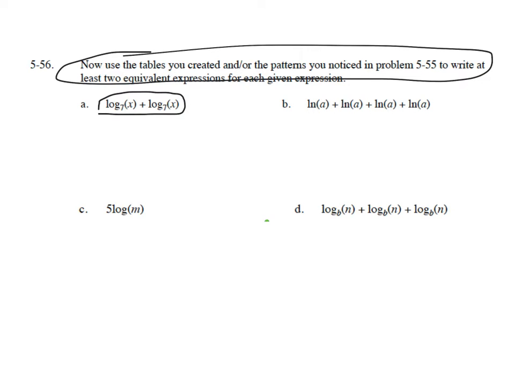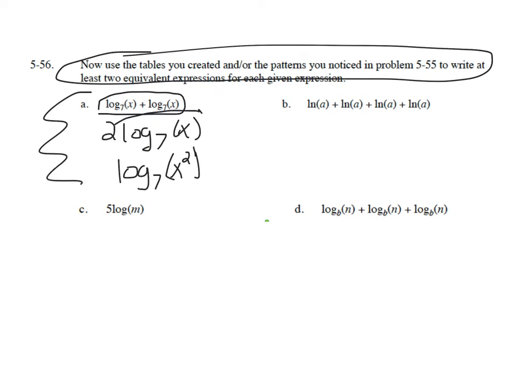If I have m plus m, that's 2m. So if I have log base 7 of x plus log base 7 of x, I have 2 log base 7 of x. But using that power property of logs, another equivalent expression is to pull that 2 out as an exponent for x. So I have the log base 7 of x squared.